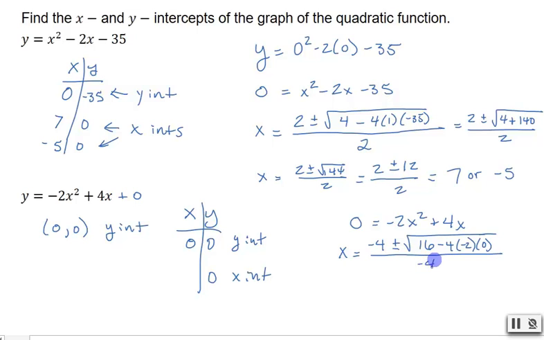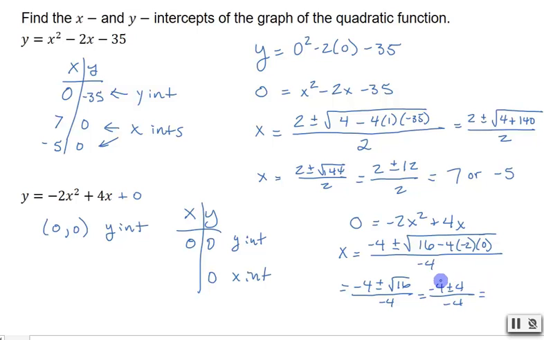So that's going to be negative 4. So we get negative 4 plus or minus square root of 16 over negative 4. That's negative 4 plus or minus 4 over negative 4.